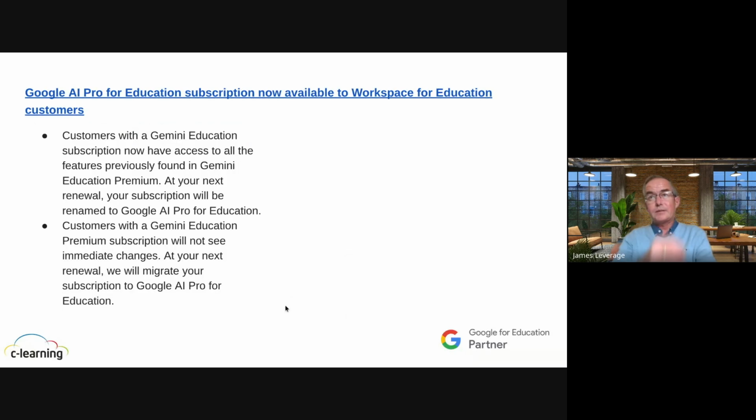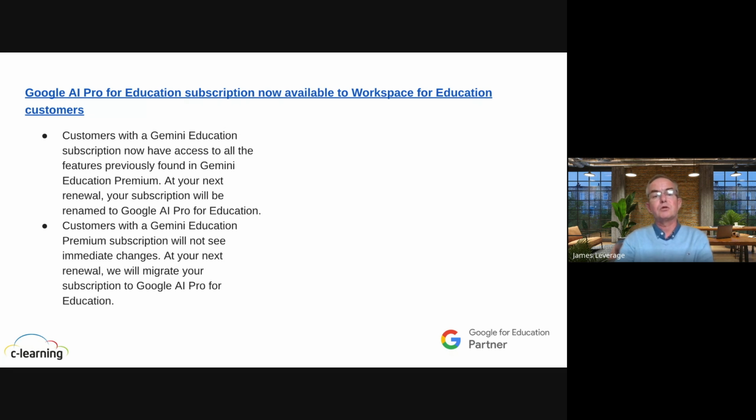This next one is to do with the renaming conventions when it comes to Gemini Education. Gemini Education is now going to be called Google AI Pro for Education. Why they changed the name, I don't know. But it will tell you specifically what you can expect of your subscriptions at the next renewal.